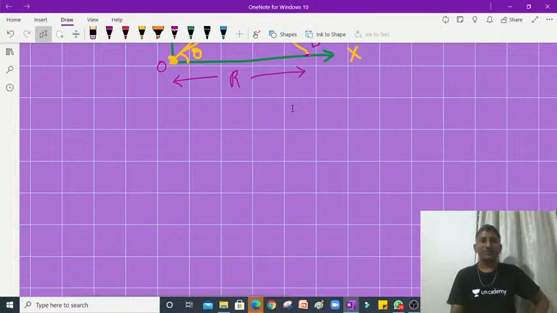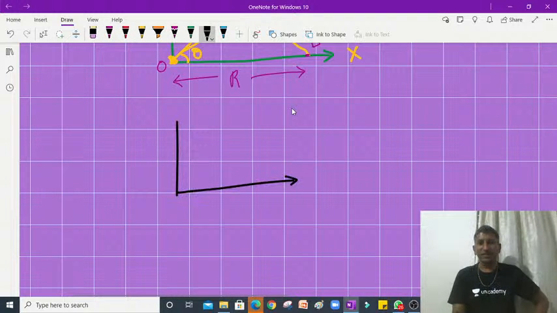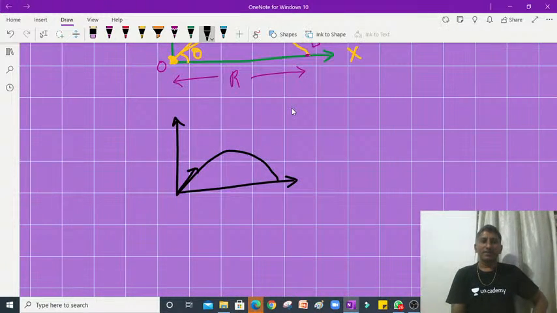Here I am taking one more diagram. From this point of projection, the first projectile is projected with an angle of projection theta, and the second one is projected with an angle of projection 90 minus theta.